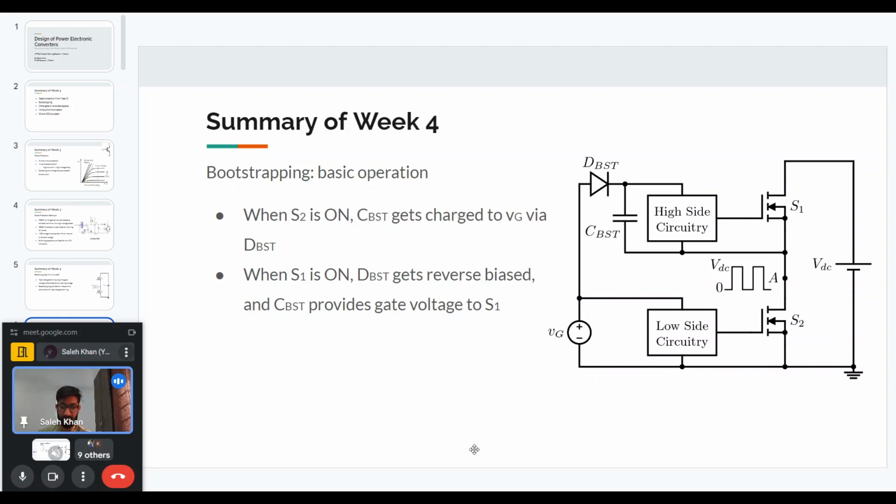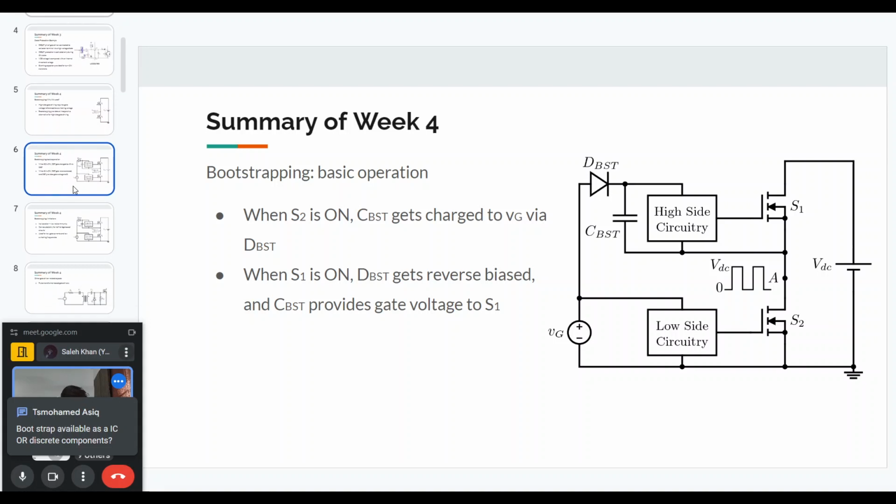And just like Desat, there are multiple implementations of this kind of circuit, and one implementation was shown in the main course, but I will not go into that here. I just wanted to explain the concept. Bootstrap circuits can be available as discrete components.